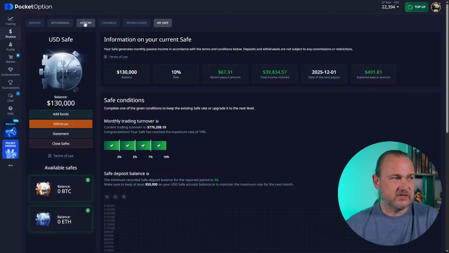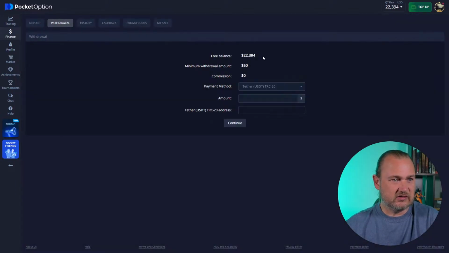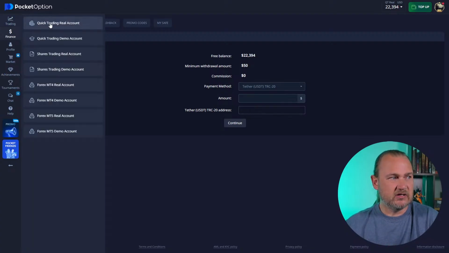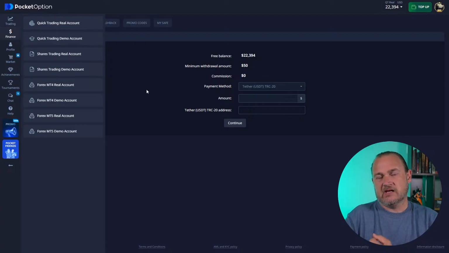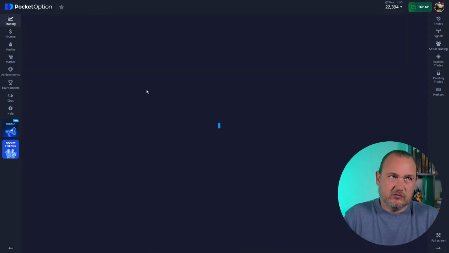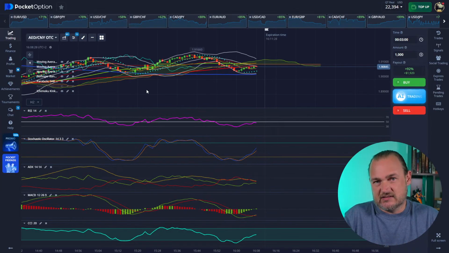Okay, so that's it. And like I said, you can go to withdrawal. Let me just show quickly, where you select your method of withdrawal, add your amount, and then, in this case Tether, you'll just put in your Tether address. Keep in mind that certain countries have certain laws which govern certain payment systems.